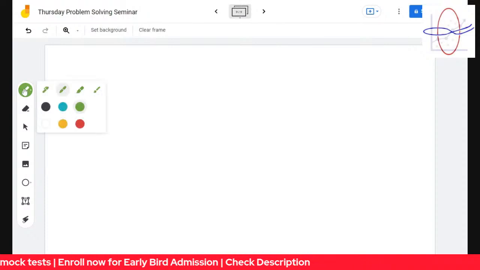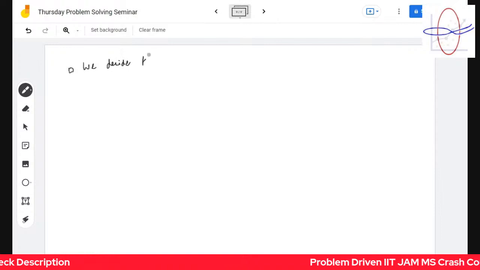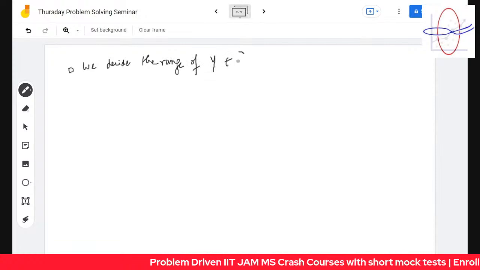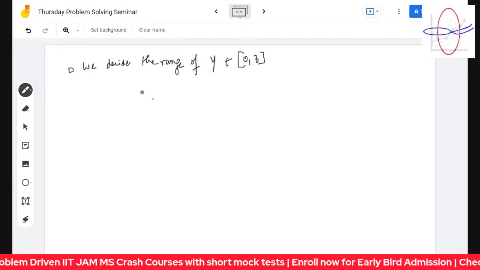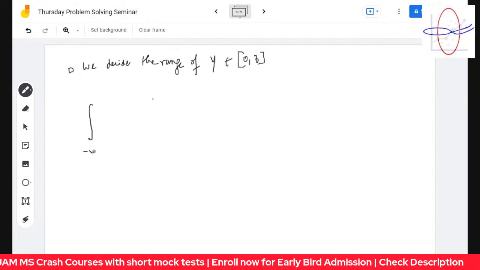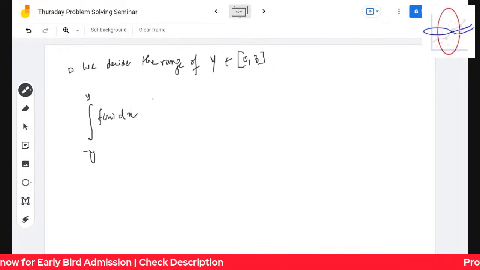So understand how. The first step is that we decide the range of y. We understood that it's between 0 and 1, and 0 and 3. Now understand this very carefully: we're doing the integration from minus y to y of f(x) dx. Now what is causing the problem? First understand the source of the problem you are facing.